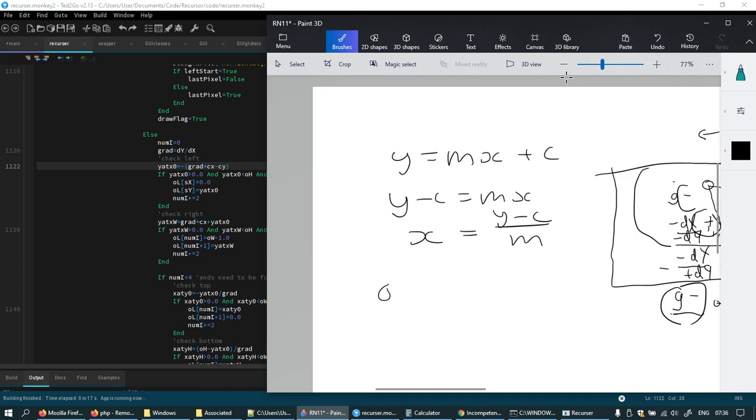So 0 equals grad times x plus y at x0. So minus y at x0 equals grad times x.